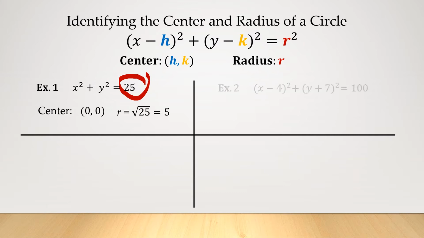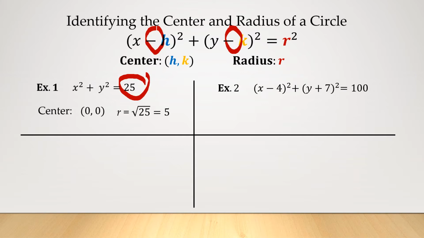Let's look at example 2. In example 2, notice 4 is being subtracted from x and 7 is being added to y. Now notice in the form that we have a minus between both h and k. So if there's a minus between the x or the y, then we are going to say that that number is positive. If there's a plus inside of the parentheses, then that number is going to be negative.